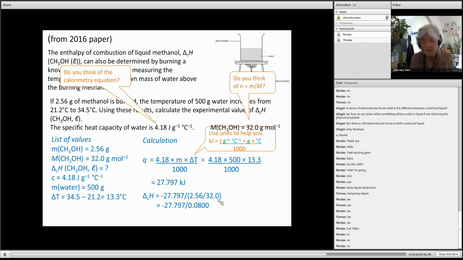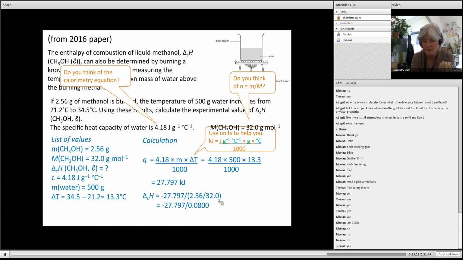Are you all clear on how significant figures work? Yep, so when you're multiplying or dividing, your total number of significant figures for that answer is the least number of significant figures of what you've multiplied or divided. So here it's 3 and 3, so you give your answer to 3, not more or not less.